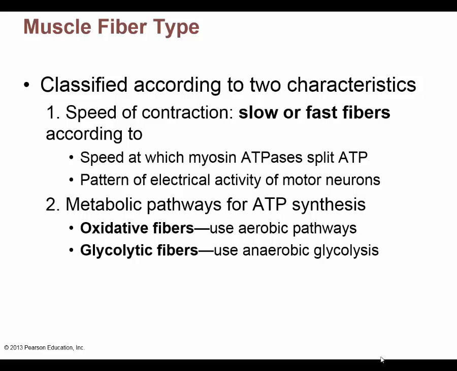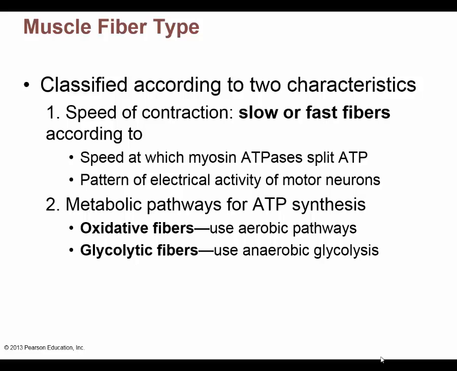The other part that can affect how fast your muscles contract is how they generate ATP. Some of these fibers, slow or fast, could be oxidative fibers, which means they primarily rely on aerobic pathways, where they get the oxygen, or glycolytic fibers, which means they're more using anaerobic glycolysis.